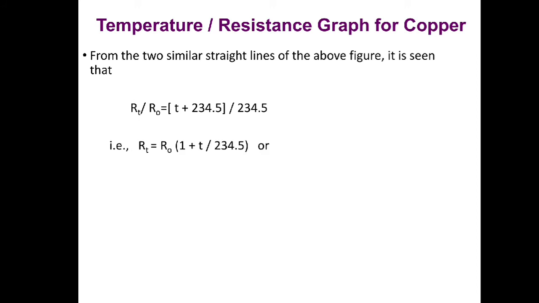So what we observe from this figure is R_T by R naught is equal to T plus 234.5 divided by 234.5. So from the above formula, R_T is equal to R naught into 1 plus alpha T, where alpha is equal to 1 by 234.5.